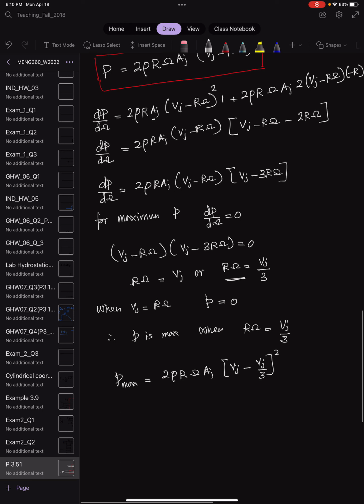So we can write 2 rho r omega Aj, this is 2/3, and 2/3 squared is 4/9 vj squared.